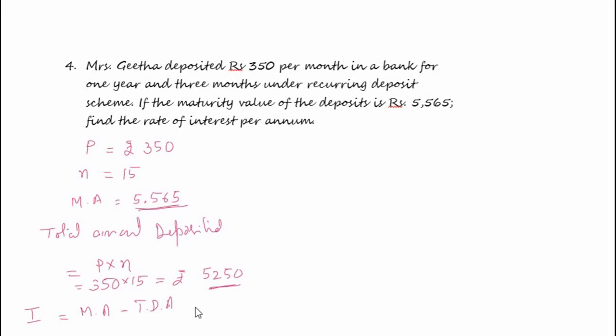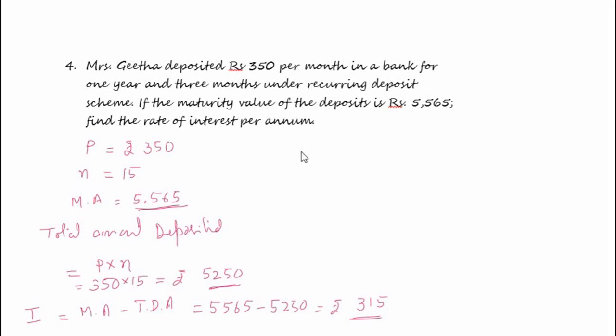So this is 5565 minus 5250. So this comes to rupees 315. Interest earned is 315.